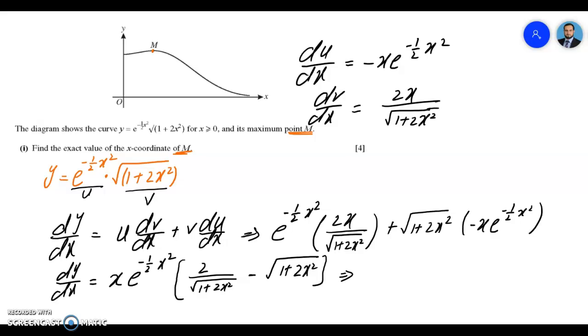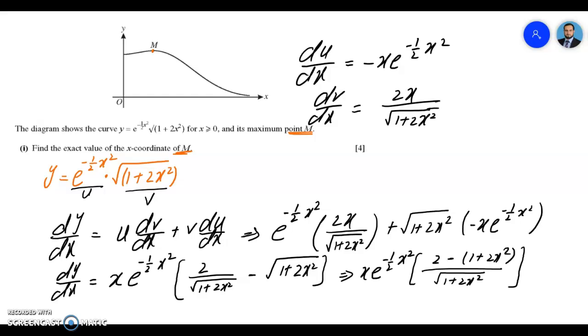If we further simplify this, x e to the power of negative half x squared stays as it is, and here we take the least common multiple, which is the square root of 1 plus 2x squared. Now here we will get 2 minus 1 plus 2x squared, since to make the same denominator we multiply by the square root of 1 plus 2x squared in the numerator and denominator.